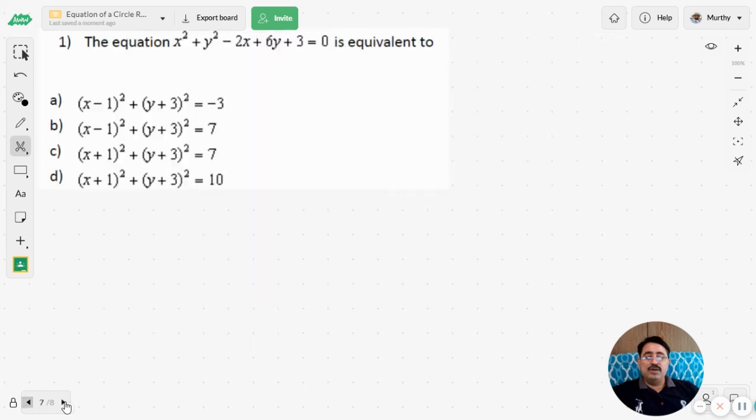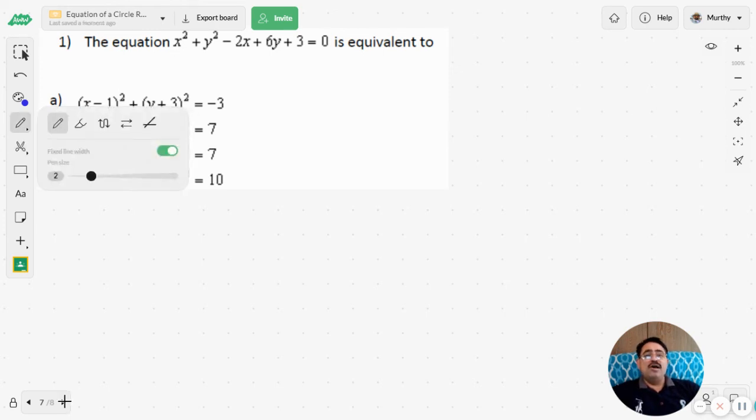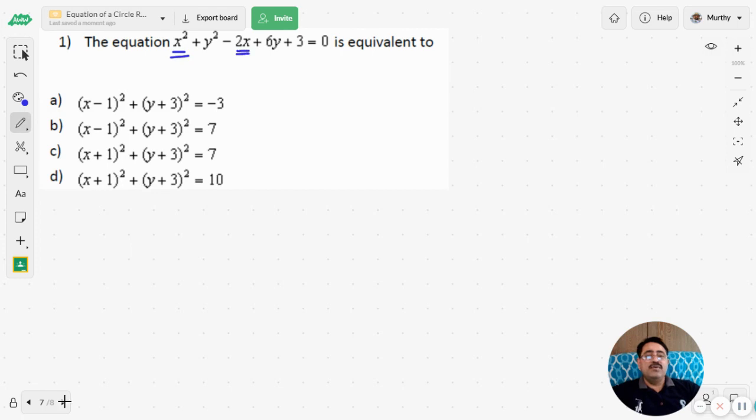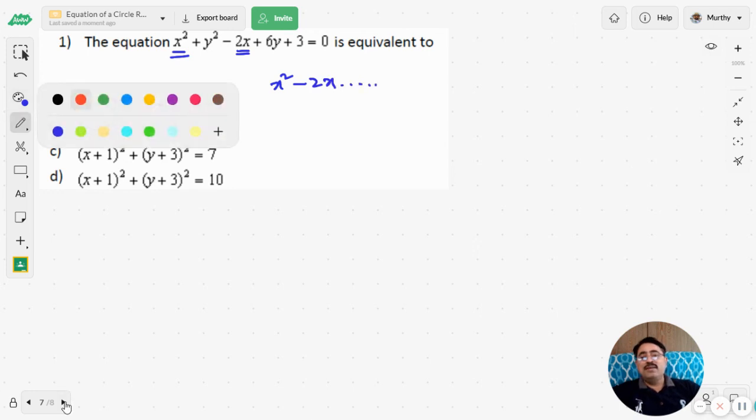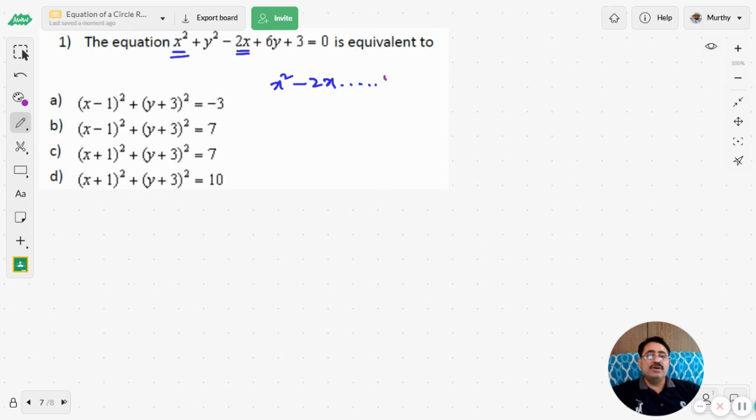You can do it. And this question, as I mentioned before, I don't look at the options first. So the first step is take all the x values together, which is x square minus 2x, leave some gap, then take y values, y square plus 6y, leave some gap, plus 3 equals to 0.